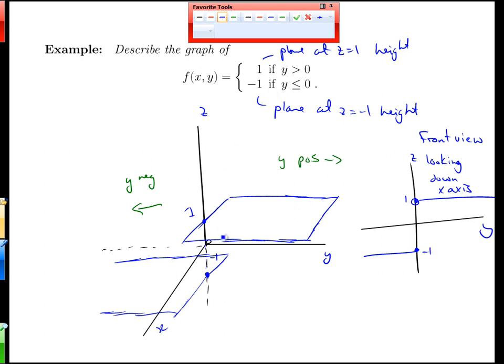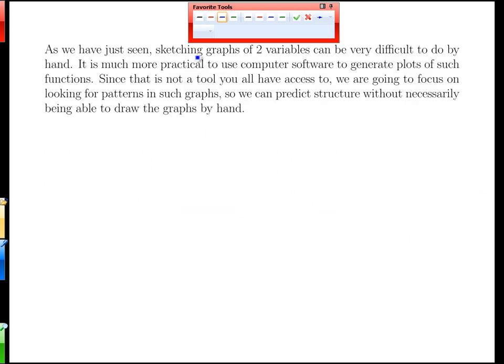So we can get more interesting shapes here, and I think we get a feel already that sketching these graphs is challenging, and so far we've only dealt with planes, right? There's been no curves whatsoever, so these are the most boring shapes we can imagine, and certainly not the kind of shapes we're going to be interested in studying with calculus. So here's my first reassurance to you.